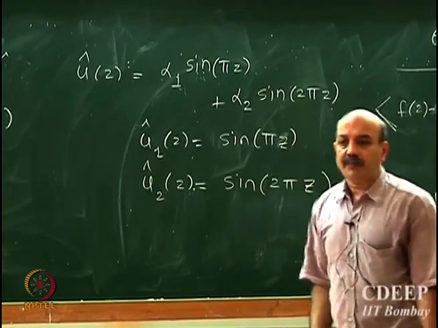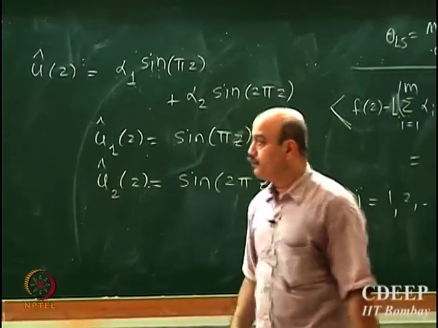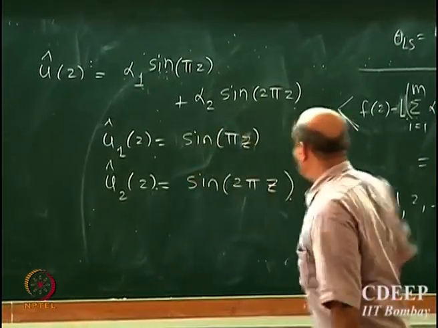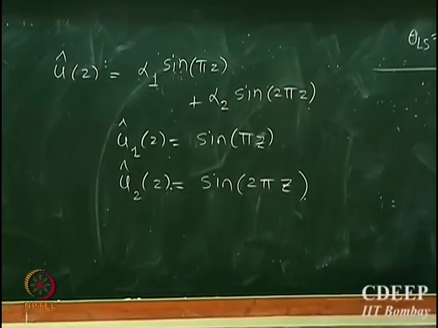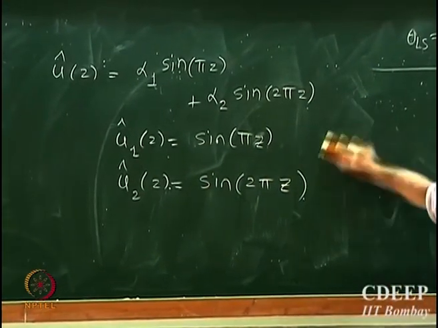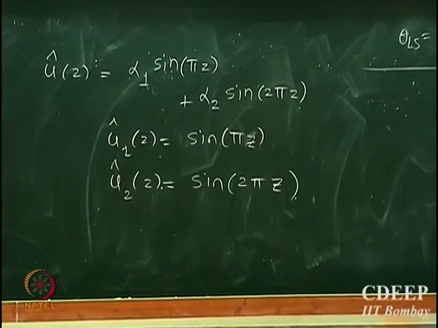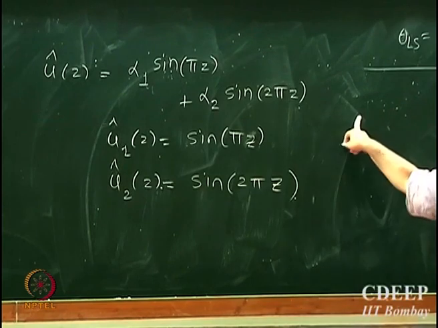What is the normal equation? What is the equation that you get? Let me not call it the normal equation, because it is not exactly the normal equation. How do you get alpha 1 and alpha 2?